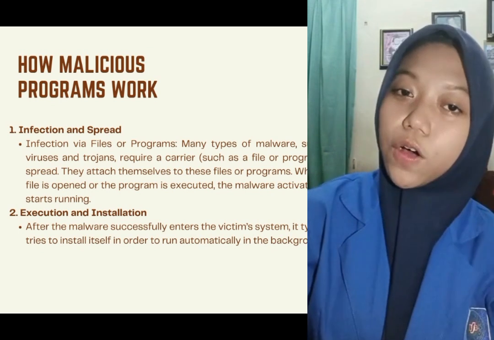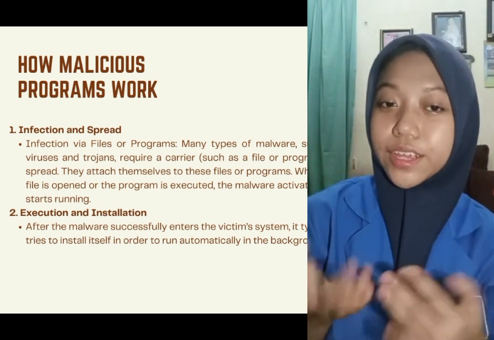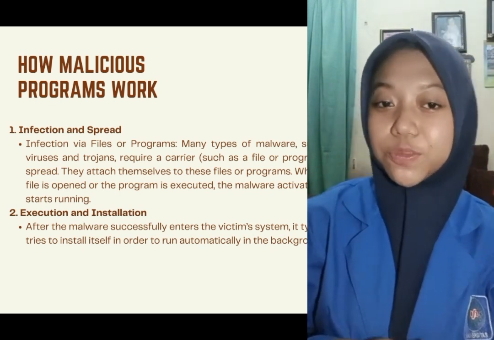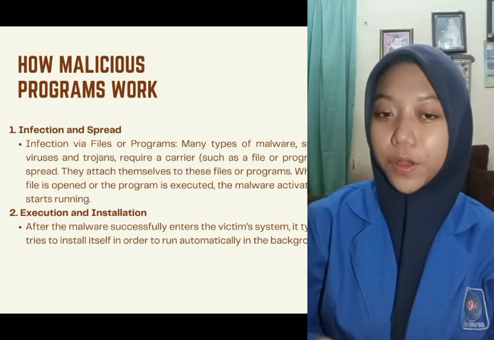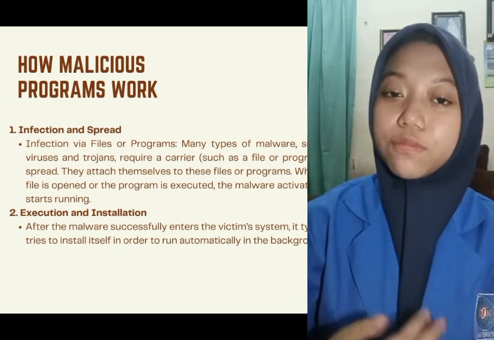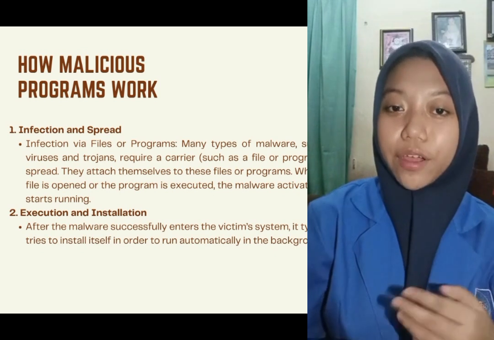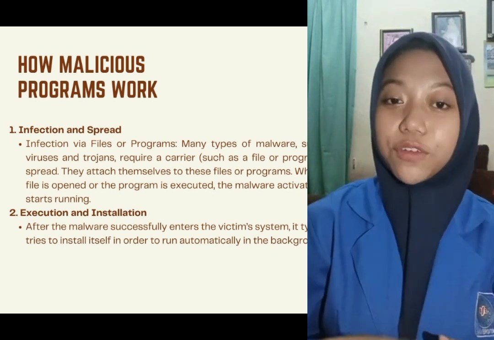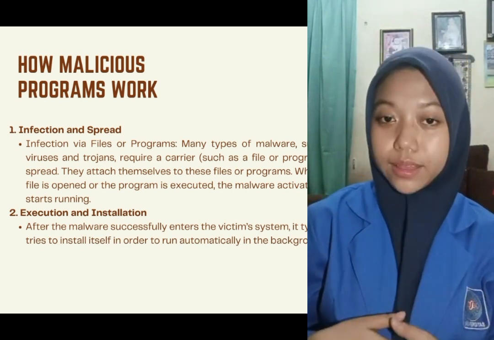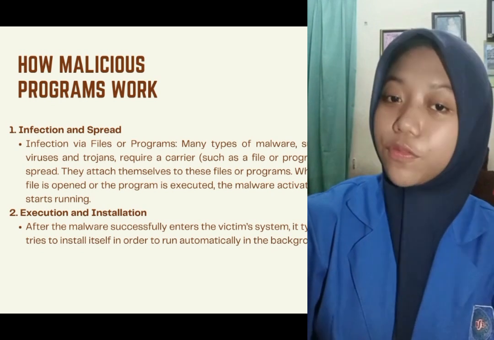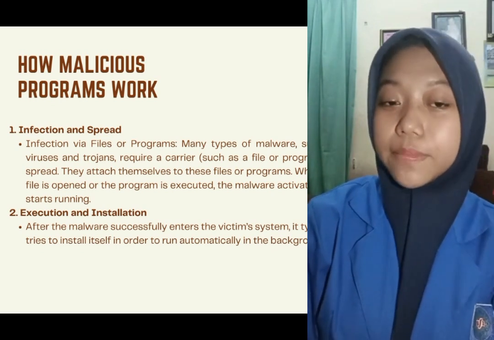Slide 9. How a malicious program works. 1. Infection and spread via files or programs. Many types of malware, such as viruses and trojans, require a carrier such as a file or program to spread. They attach themselves to these files or programs.